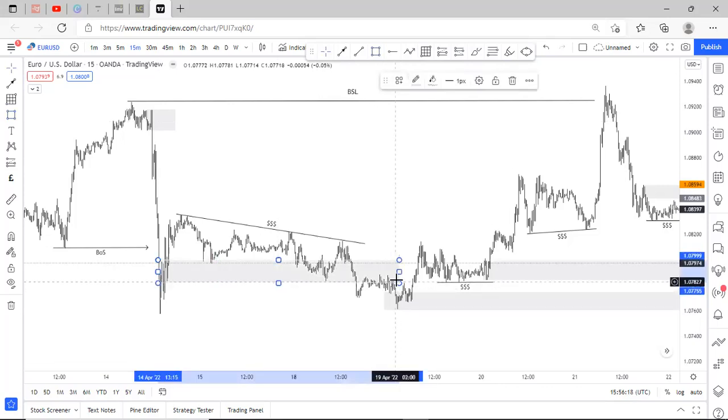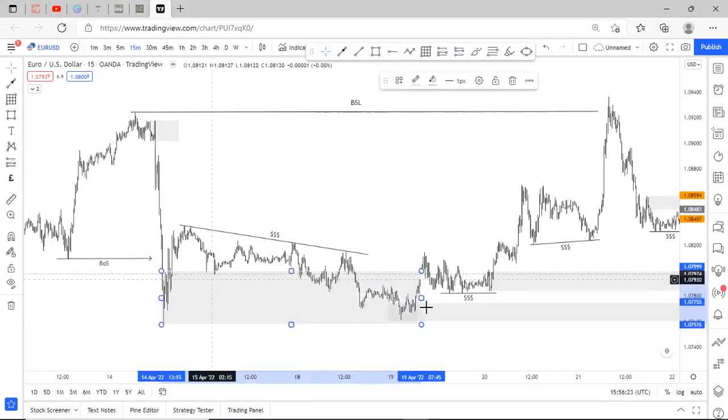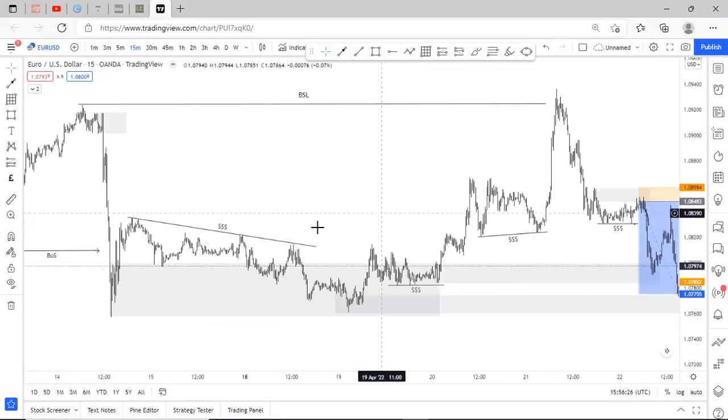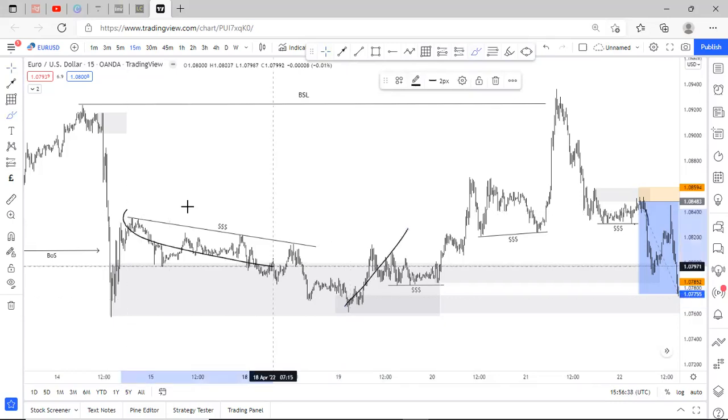The market broke below it, but maintained this whole area. So I told my channel members that they should watch out for confirmation entries to go long on this pair because of the trend line liquidity that I had already spotted.